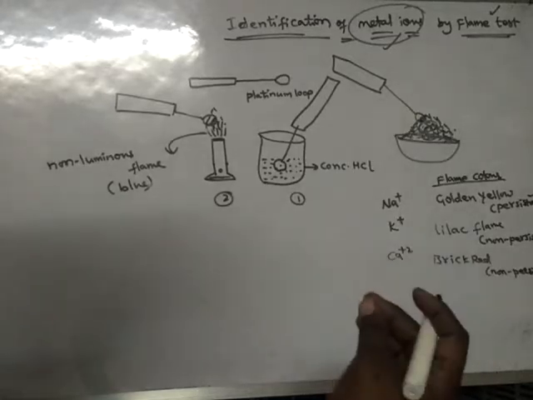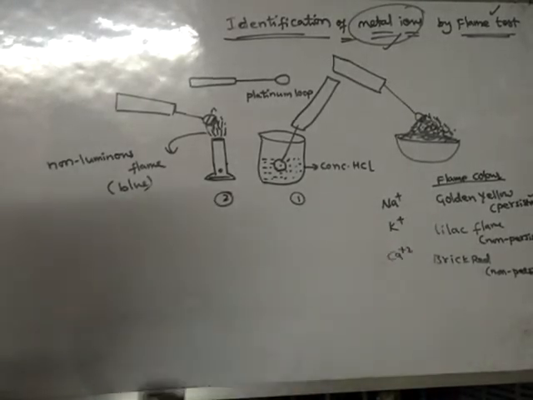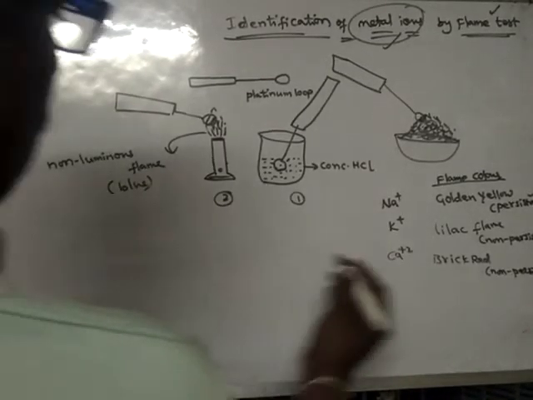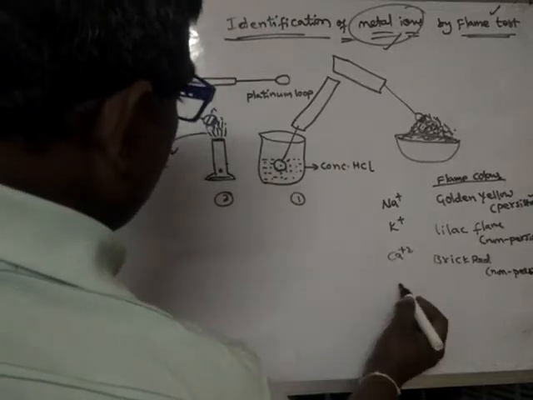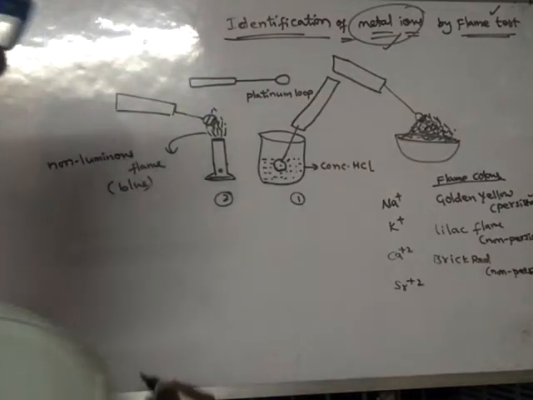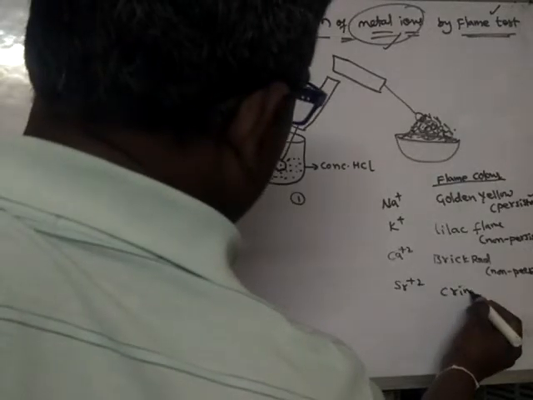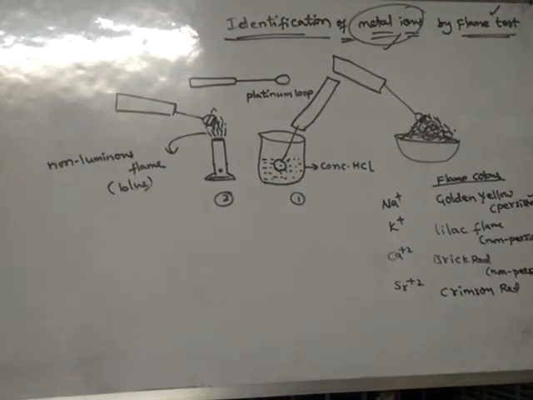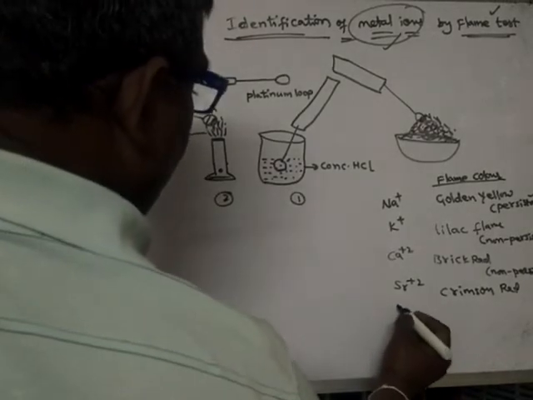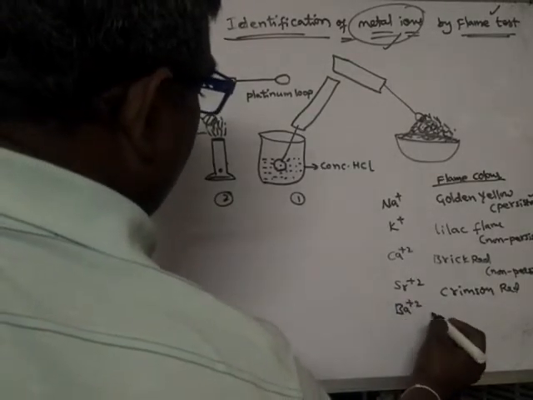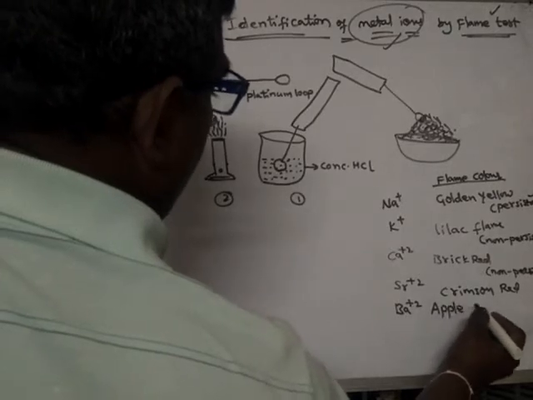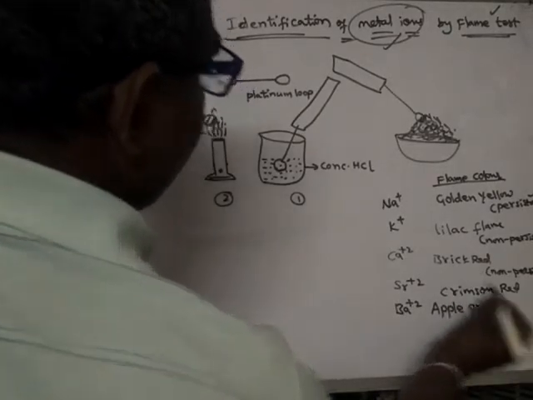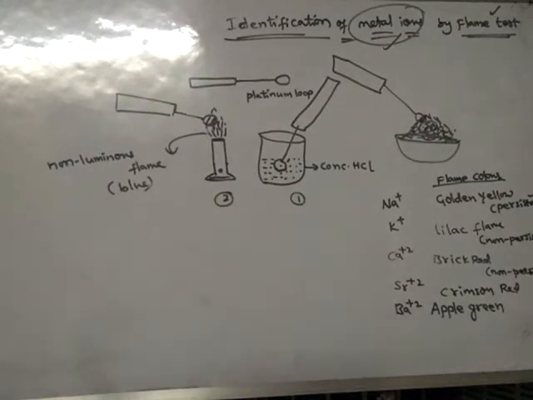It keeps changing, but it stays in the range of red color only. Suppose it is strontium ion, then it produces a crimson red flame. Suppose it is barium ion, Ba+2, then it is an apple green flame.